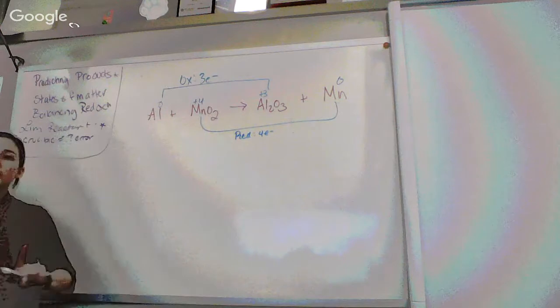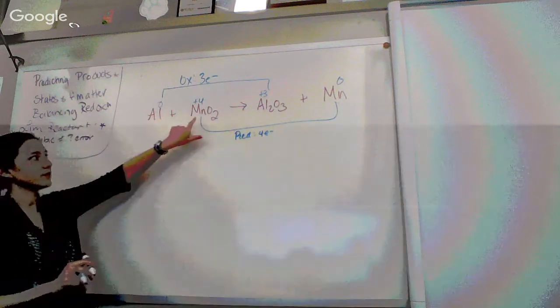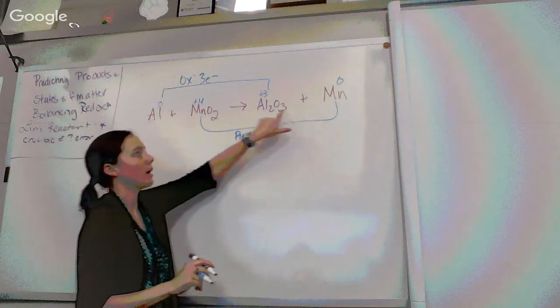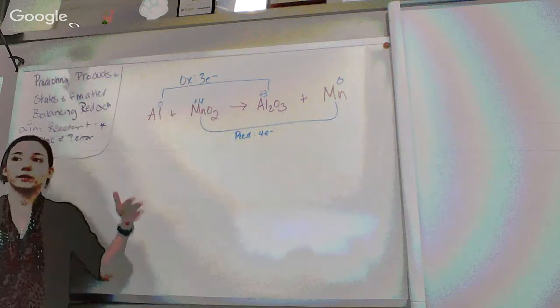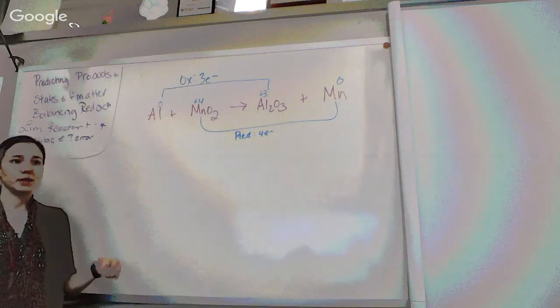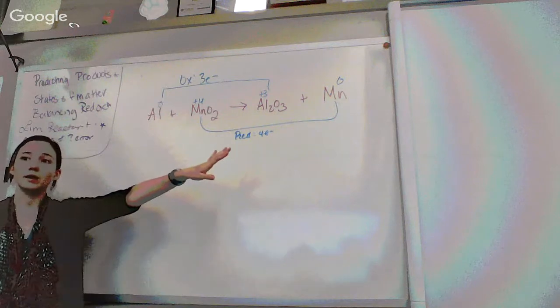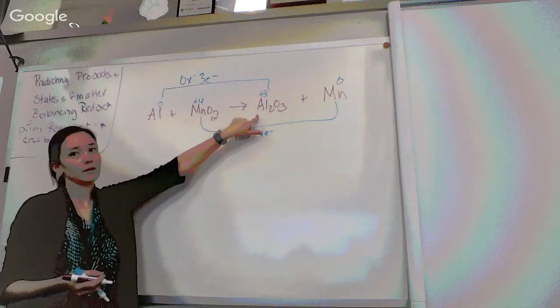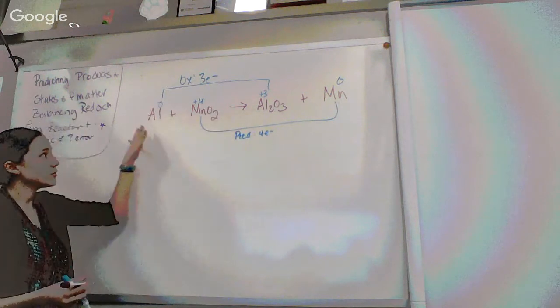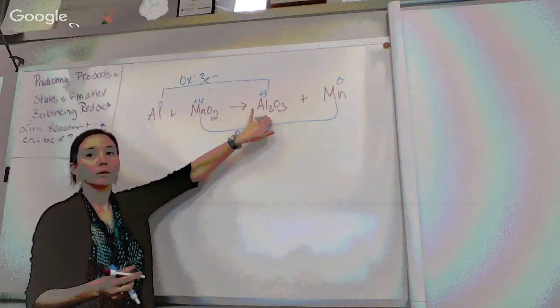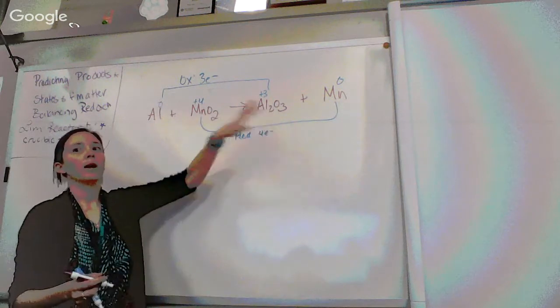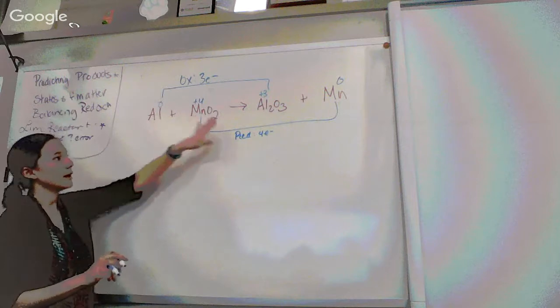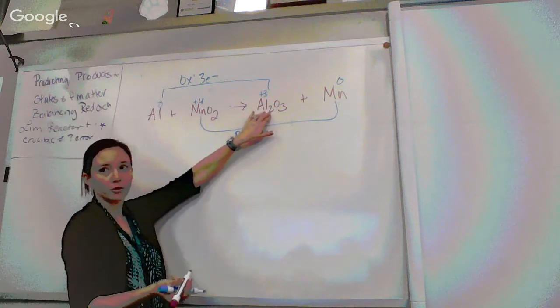So then in this problem, what we need to address is that we want to make sure our atoms are the same as far as the ones that are being oxidized or reduced. Manganese is. Aluminum is not. Each aluminum is going to lose 3 electrons. However, in this reaction I had to make 2 aluminums.